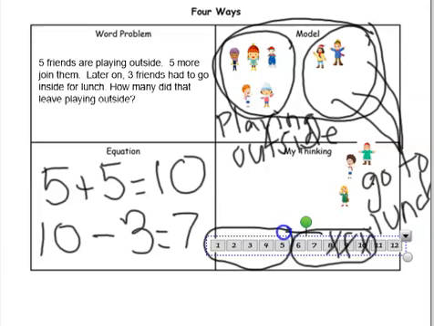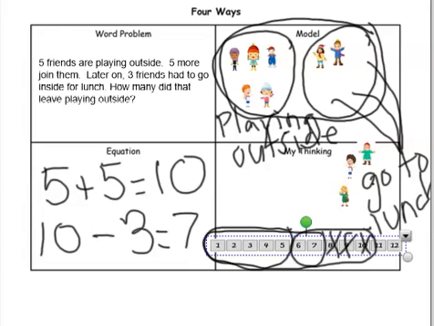So we had 7 friends left. Okay, that was 4 different ways to think about that. Wow, that was a big problem, wasn't it? We had to think really, because it had 2 steps to it. But it really helped because we thought about what was happening in this story, and then it made sense.